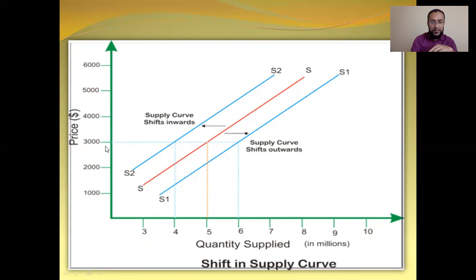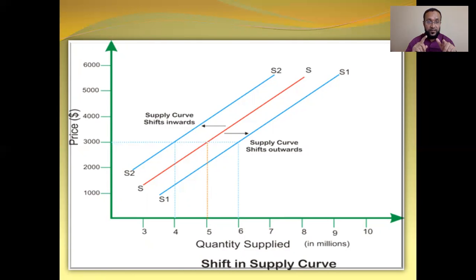All right. Now think the other way. If the price is the same, still the price of the product is 3,000 US dollar per unit. Now, if the cost of production rises due to an increase in wages of the workers, or an increase in the interest rate, rent, prices of raw materials, machineries, etc., then the farm's total cost will rise.